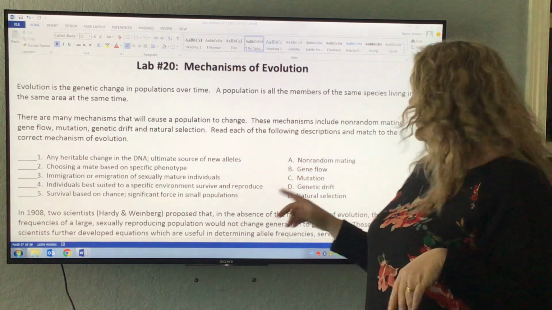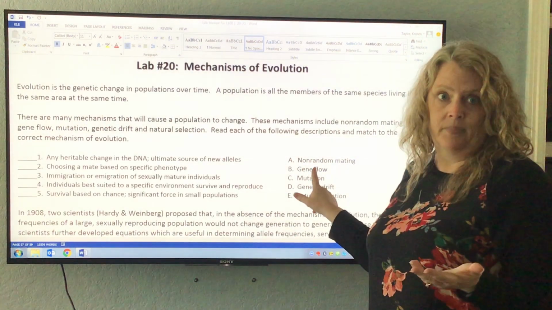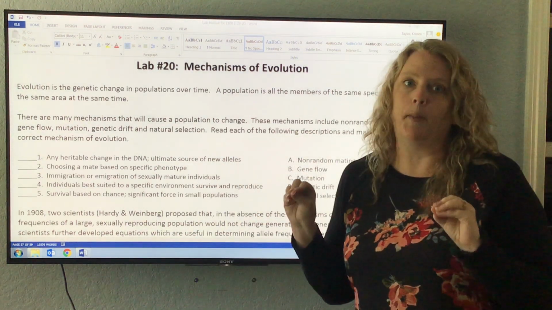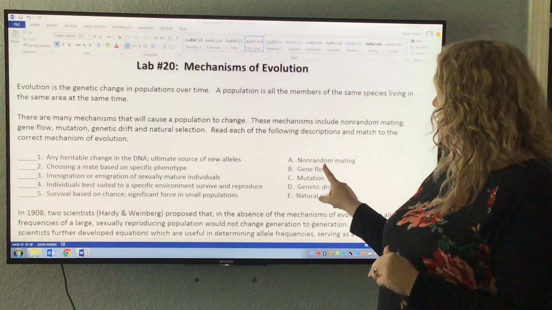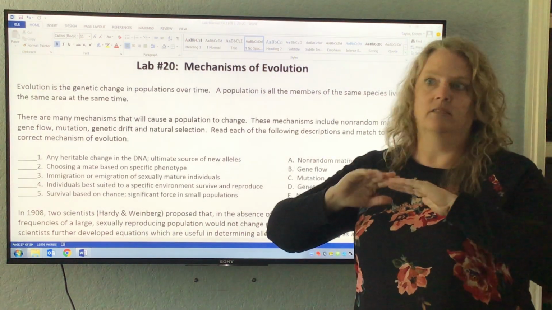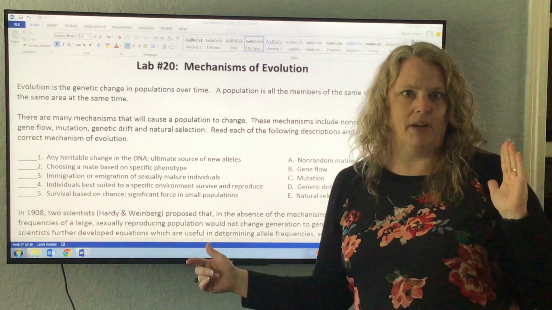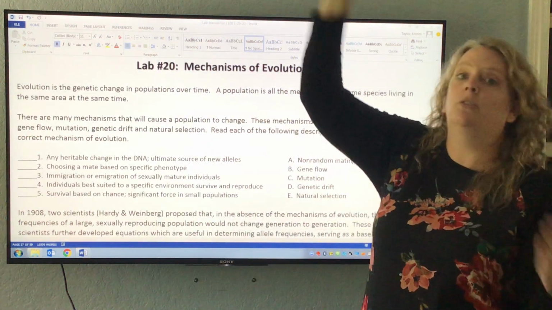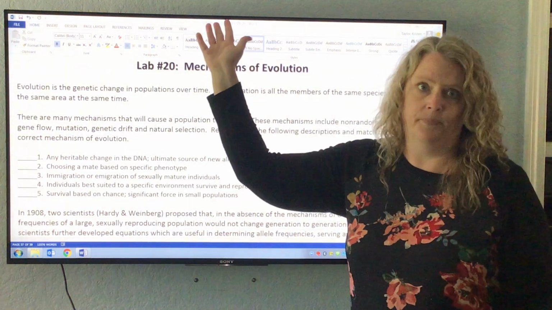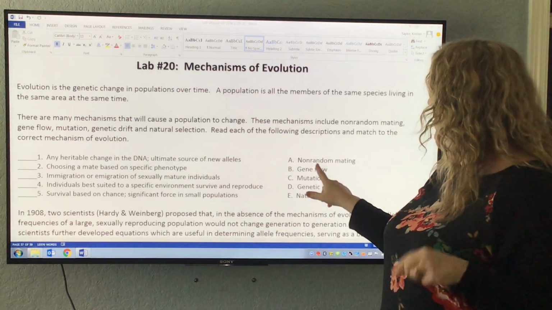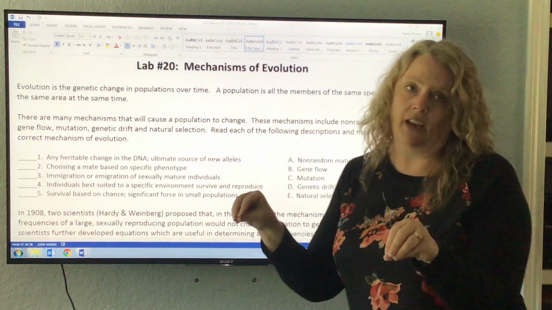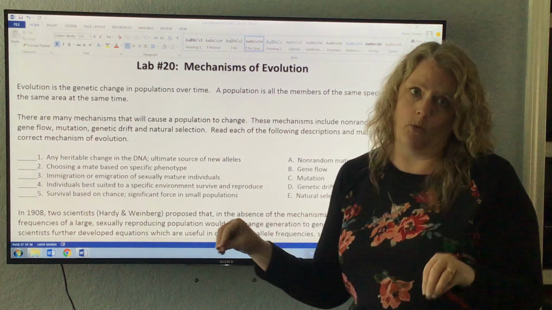Okay, that would be non-random. I'm choosing my reproductive partner. But if we're doing random, then it's no matter what the height is. It could be somebody who's 5 foot all the way up to 8 foot. Totally random. So if it's non-random, you are choosing on purpose who you're going to mate with.